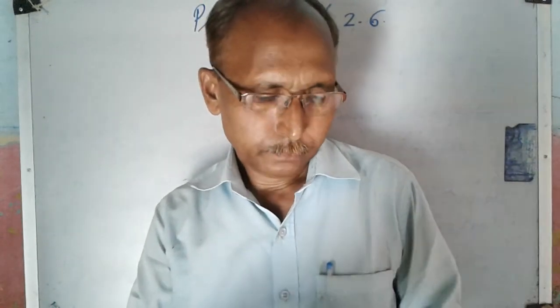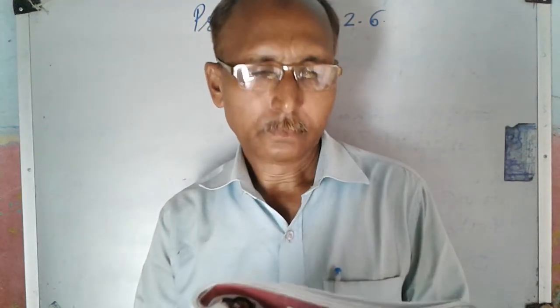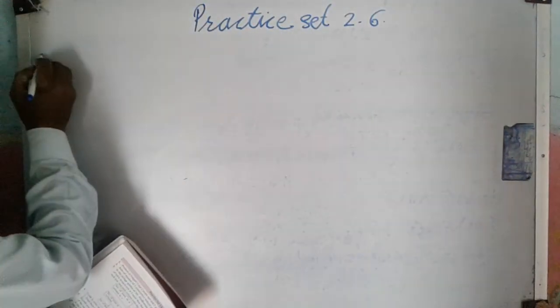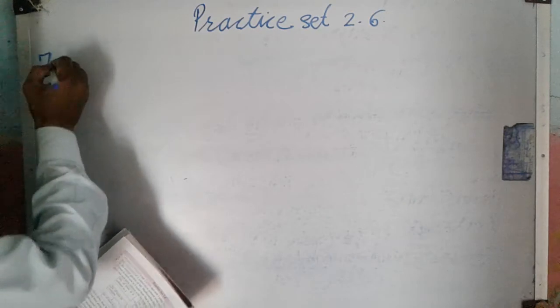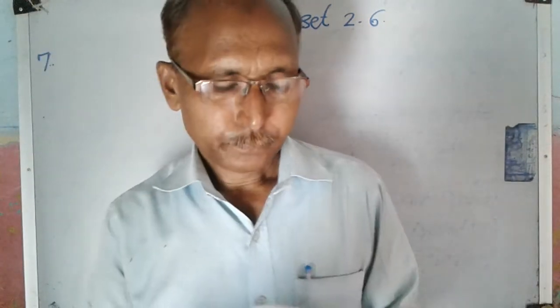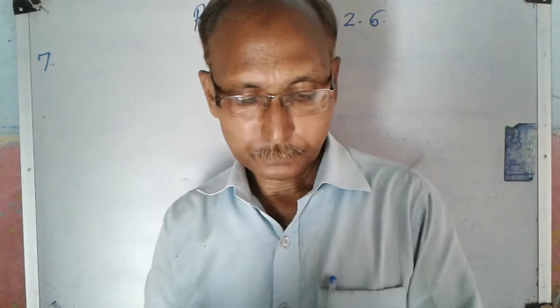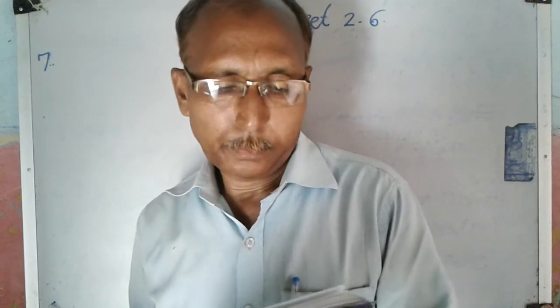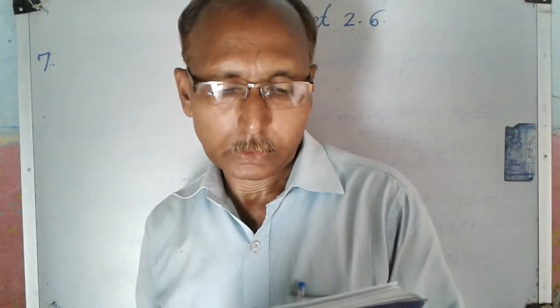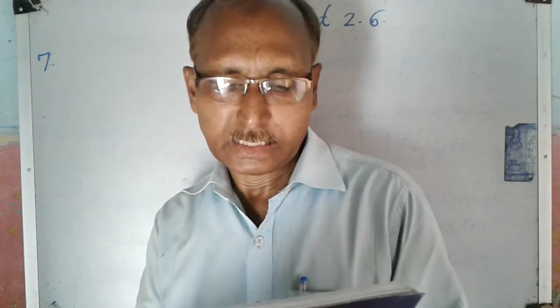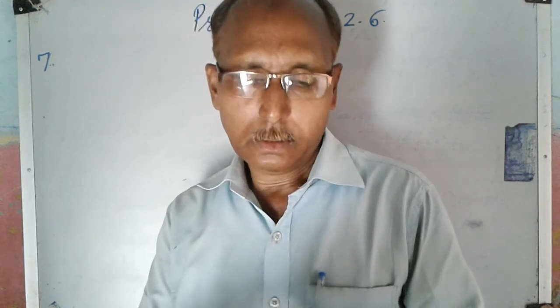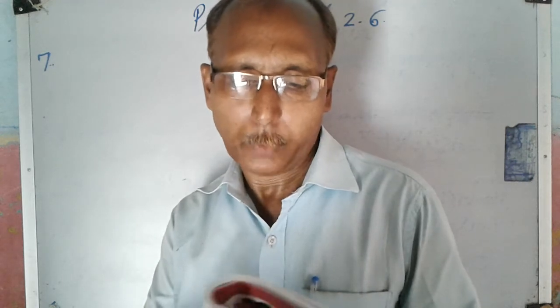Now we will solve question number 7. I will read the question. You see in your book. Pratik takes 8 hours to travel 36 km downstream and return to the same spot.